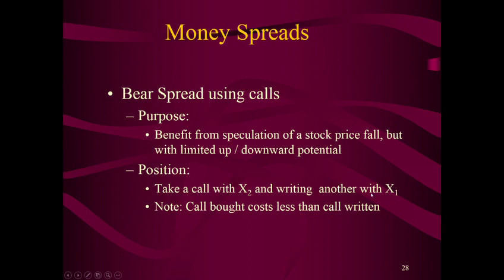So if you write a lower strike call and you buy a higher strike call, does that result in a cash outlay or does it result in cash received? So you sell a lower strike and you buy a higher strike. A lower strike costs more than a higher strike, right?